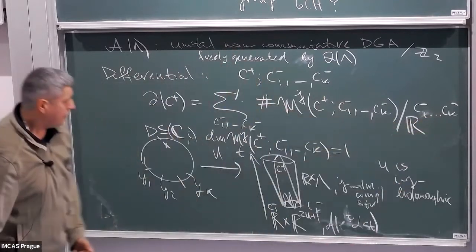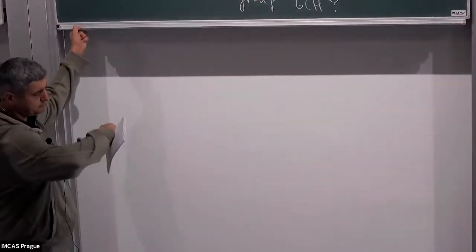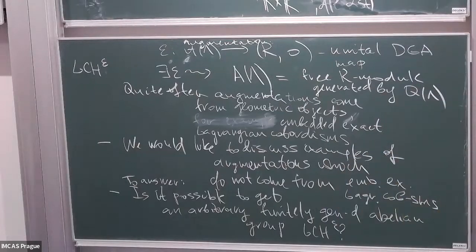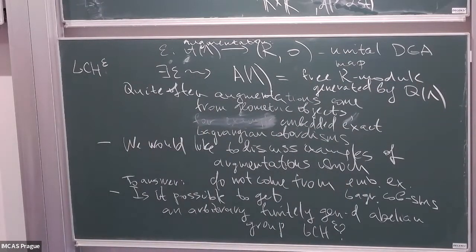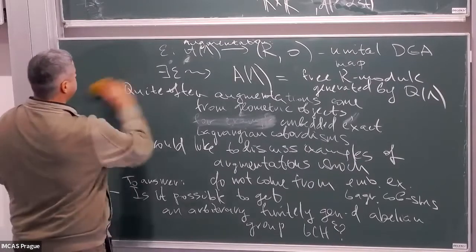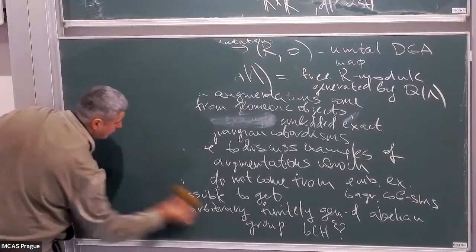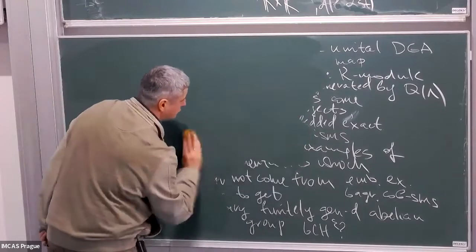Okay. Now, what are these exact Lagrangian cobordisms and exact Lagrangian filaments, and how do we get augmentations out of those?